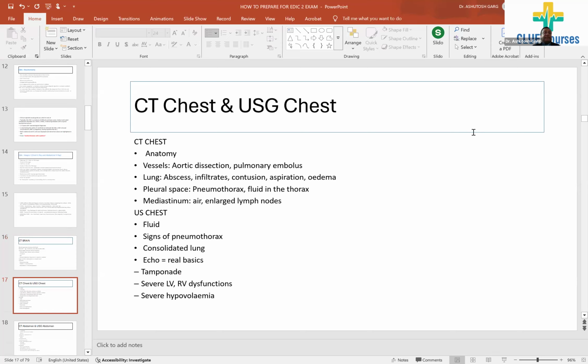Then CT chest: aortic dissection, pulmonary embolism, lung abscess, pneumothorax, fluid in the thorax, mediastinal air, enlarged lymph nodes. So you can find these types of findings in the CT chest image. Ultrasound chest: you can find signs of pneumothorax, consolidated lung, tamponade, severe RV-LV dysfunction, severe hypovolemia.